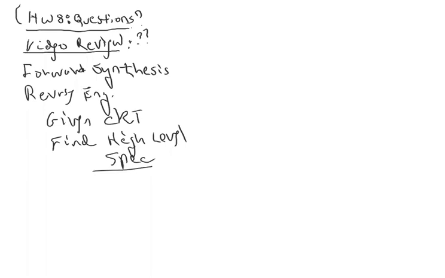So we're going to start with this basic idea that you're given a circuit. And we're going to see this in homework number 9. It's quite a common thing to see in tests and homeworks. We'll see these sorts of things before.